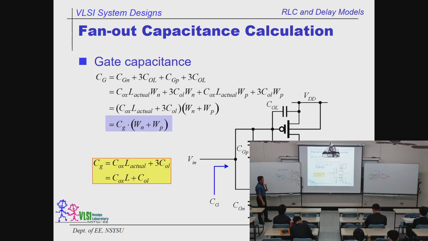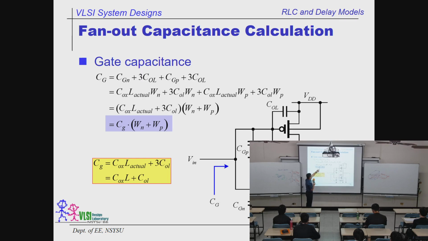The last thing is fan out. Fan out is those gates to be driven. Okay, so this is how we look into an inverter. See, this is a gate capacitance. This is what you see over here. Gate capacitance. This is a big one. So basically, the gate capacitance is equivalent to the summation of these two, CGP and CGN. This is how you look into that.